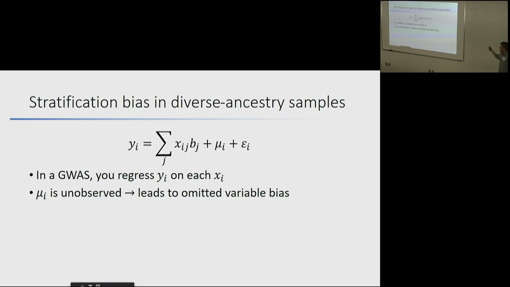If you imagine a GWAS, what we're doing is regressing y onto each of these x's, but mu is unobserved. And so if mu is correlated with a particular x, then there's going to be omitted variable bias. That's how stratification can creep into GWAS studies.